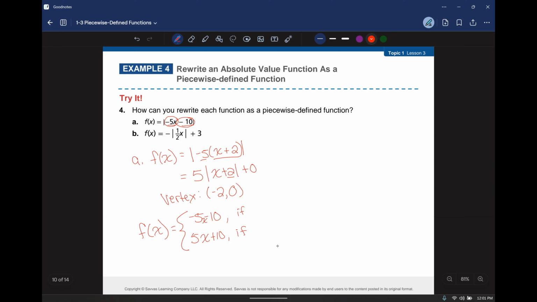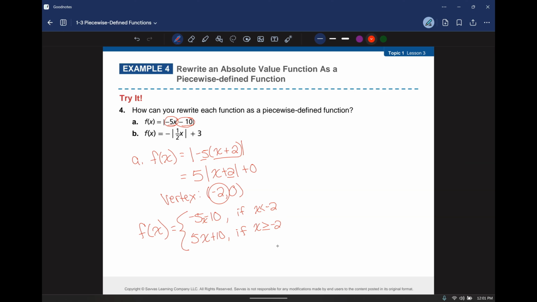If you need to graph it and look at it, then do that. And we're stopping at -2. That's where it stops and moves up. That's where the break is at. So I know that these are all the values if x is less than -2, and these are going to be the values when x is greater than or equal to -2.